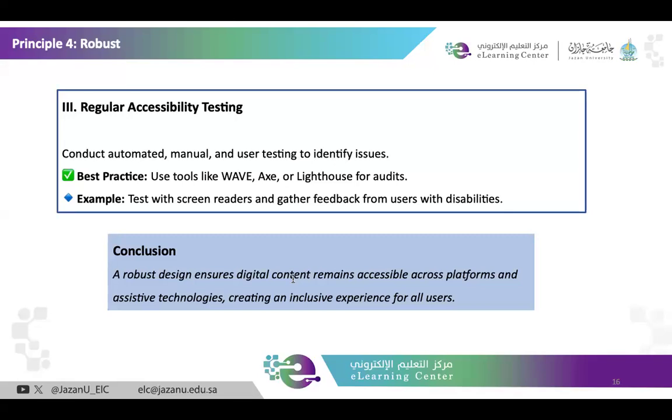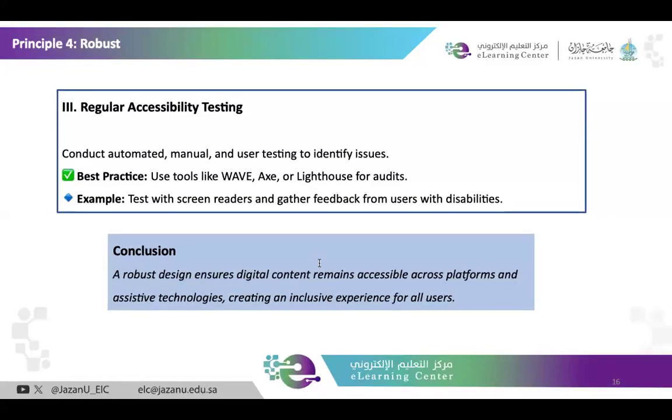For example, you run an accessibility audit using tools like WAVE, Axe, or Lighthouse. These are different software which help you audit your content and test navigation and readability with the screen reader and keyboard-only access. Gather feedback from users with disabilities to improve accessibility.